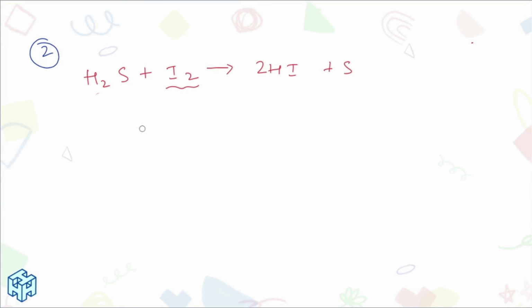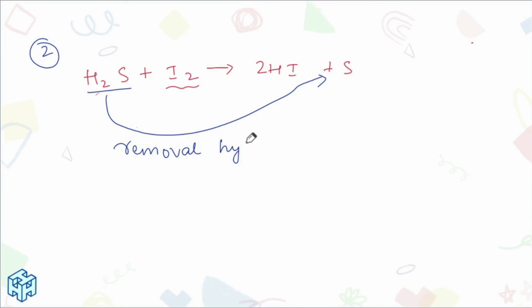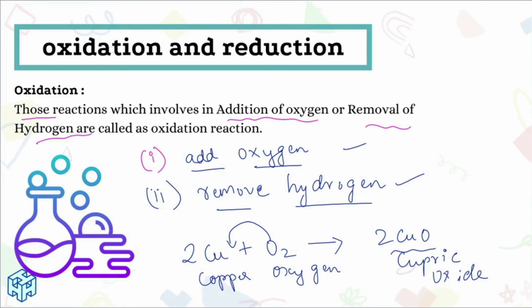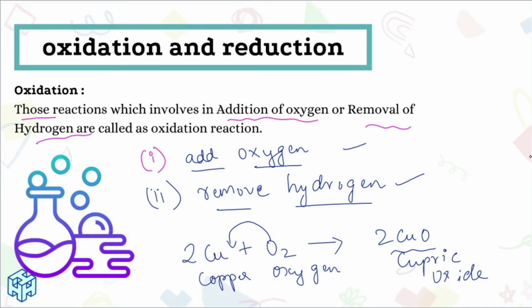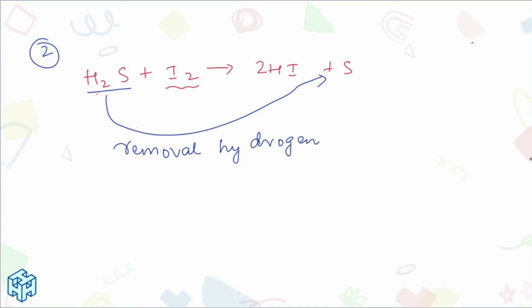From hydrogen sulfide, hydrogen is removed, and it just becomes sulfur. This is an example of removal of hydrogen. What we have studied here, this is addition of oxygen. It can be either one of them, removal of hydrogen or addition of oxygen. This is called oxidation.